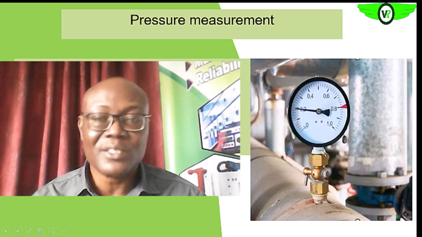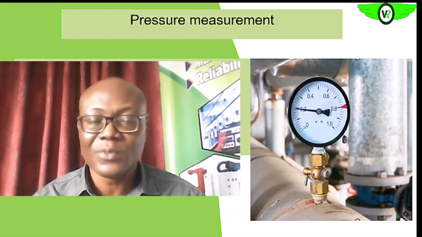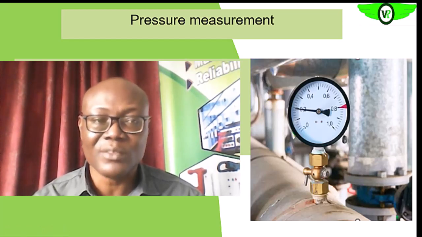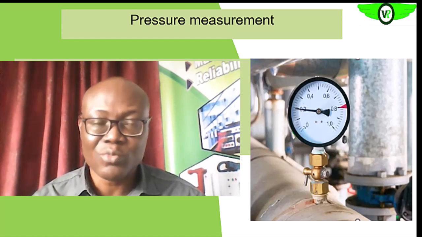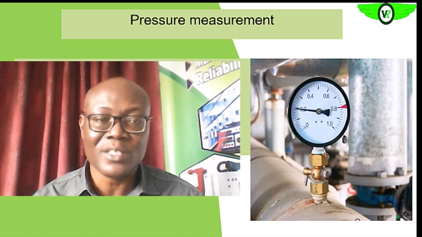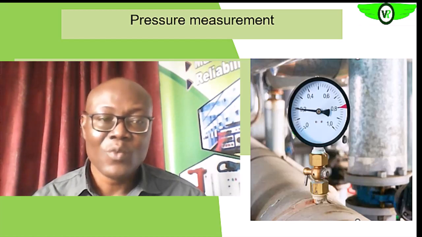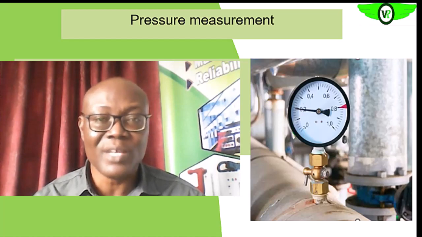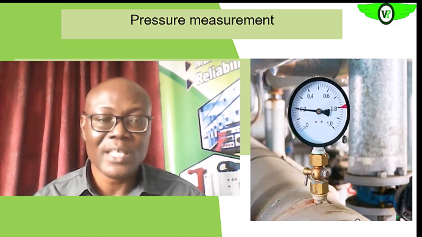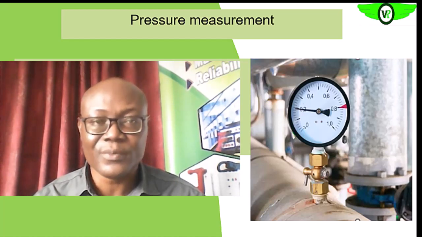So we have different types of sensors for pressure. We have the pressure manometer, we have the Bourdon tube. We'll explain them in a little detail later. We have the diaphragm, we have the capsules, and we have the bellows. And then we have the strain gauge.